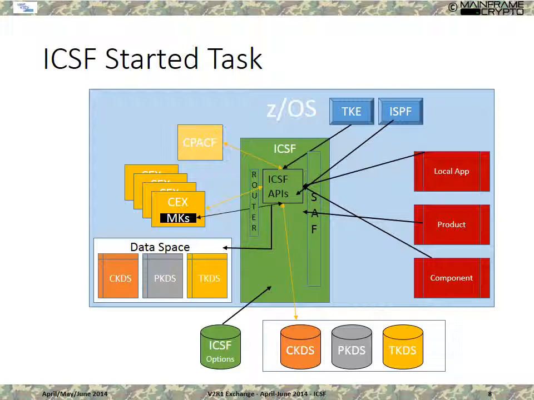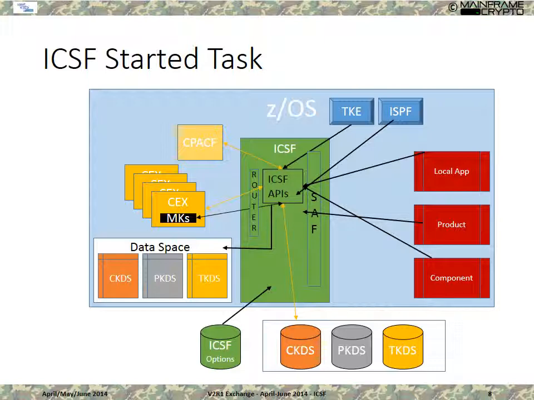It will take care of the load balancing. It will handle figuring out which card is the best one to service that particular request. If you remember when we talked about the Crypto Express cards, we talked about the fact that there are multiple engines on the card. So there are DES encryption engines, there are AES encryption engines, there's a random number generator, there are RSA engines. ICSF can route multiple operations to the card. Each card can handle roughly 8 different threads at a time.